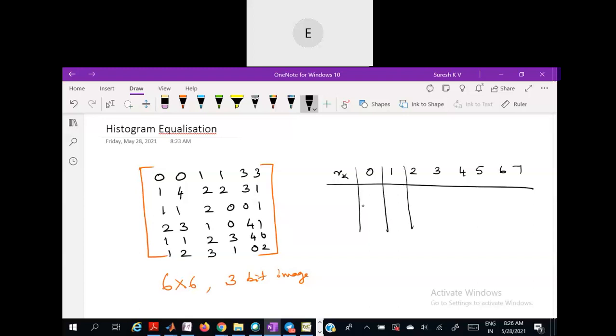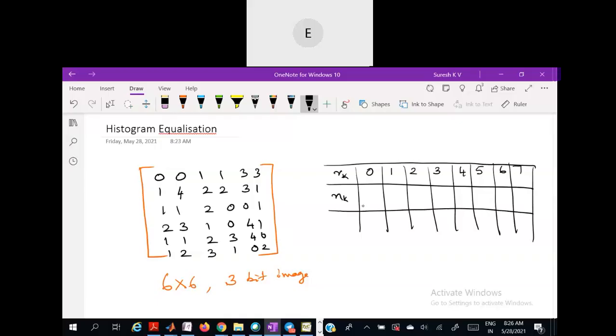So this table is very important, whatever you are writing now. Okay, so this is rk. Now nk. Can somebody quickly count and keep telling me so that it is easy for me? Count zeros, count ones, count twos. So what is the number of zeros in this image? Quick.